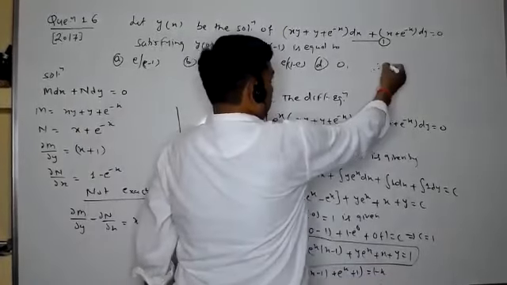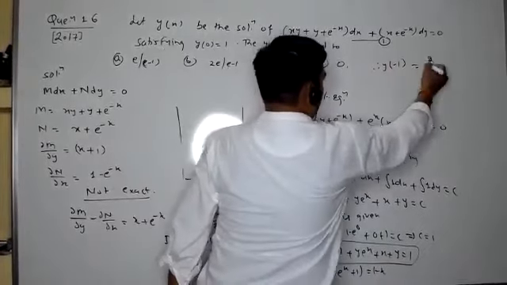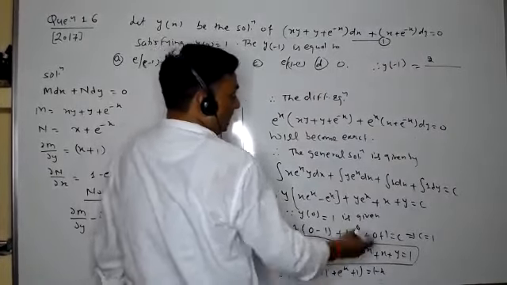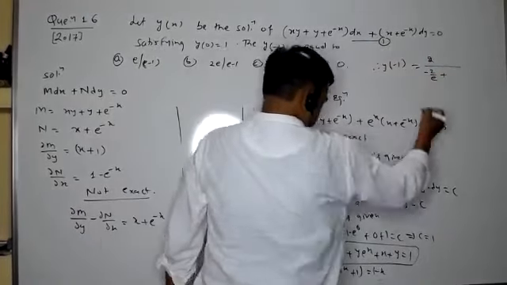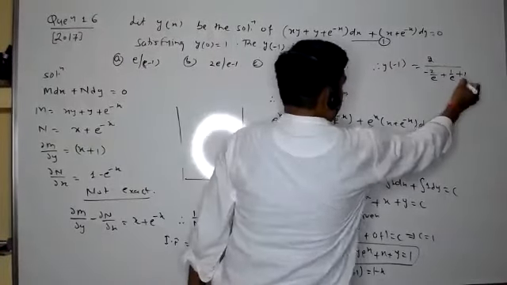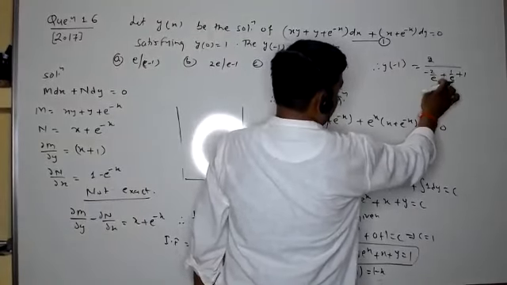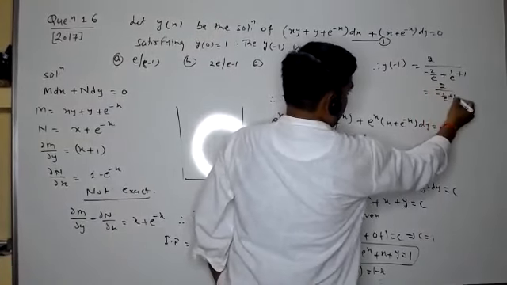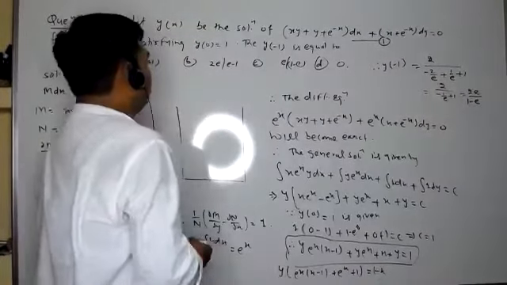Now see what y at minus 1 will be. That will become 2 divided by minus 1, meaning minus 2 by e, plus 1 by e, plus 1. So the ultimate value you got is minus 1 by e plus 1, so 2e upon 1 minus e. B is the right choice.